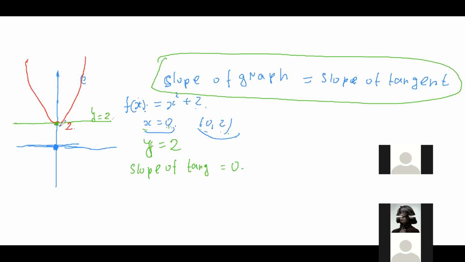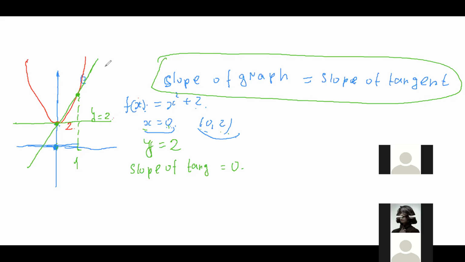It was very easy because it was obvious that it's a horizontal line. But now I want to find the slope of the tangent line, not at the point x equals 0, but at the point x equals 1. For example, here is 1.